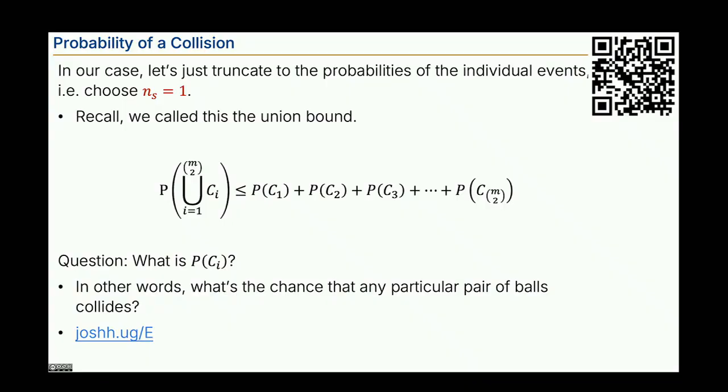If you want to just think about a specific example, what's the probability that the first 2 balls collide? That's good enough. Any pair is fine. They're all the same.